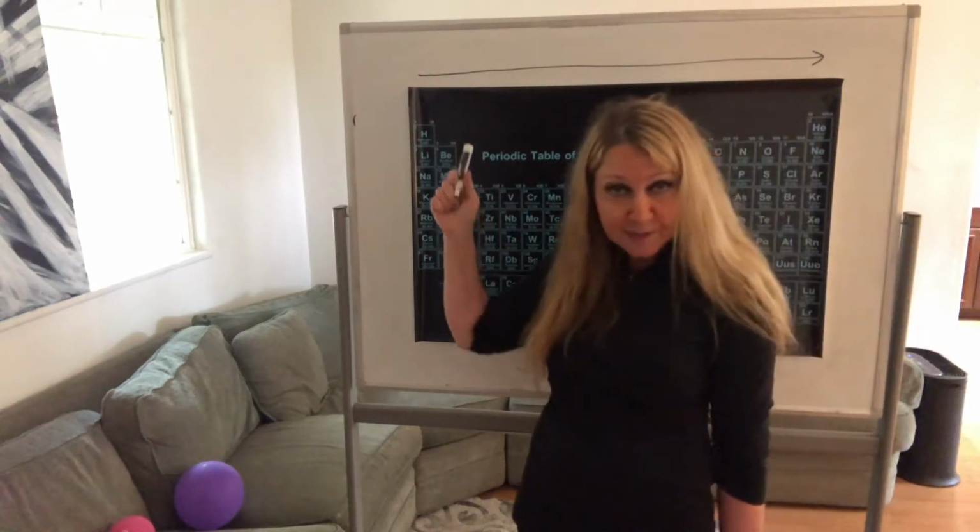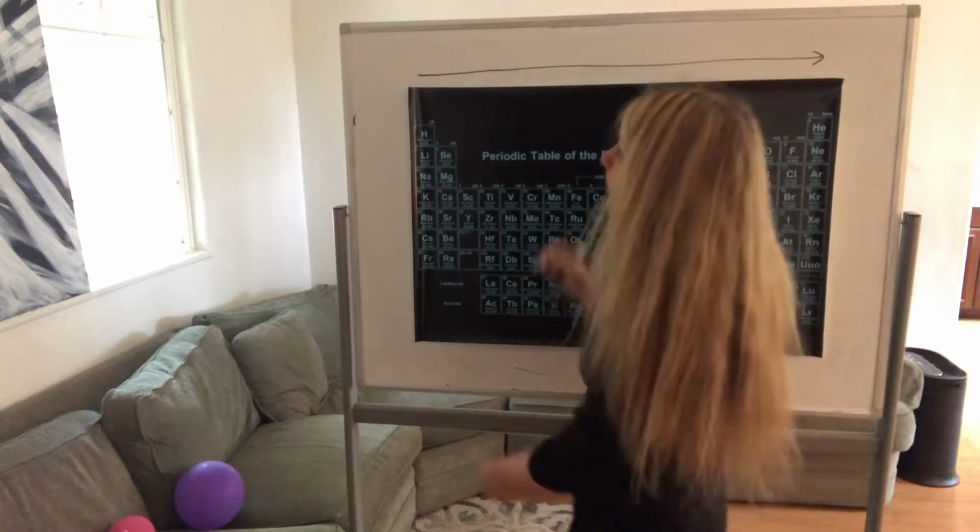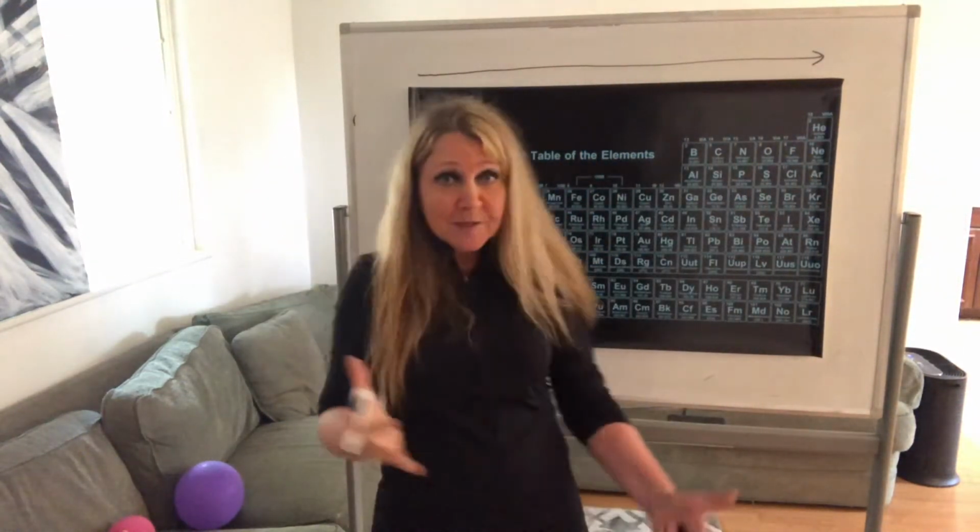we increase the electronegativity. So now in science, there's a lot of different... Science is really like learning a new language, really. A lot of vocabulary words are new. But for this, it's important to use shorthand when you're taking notes.